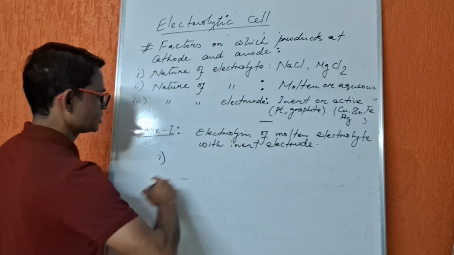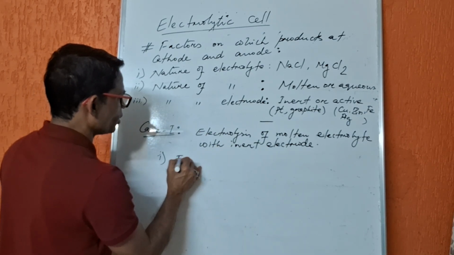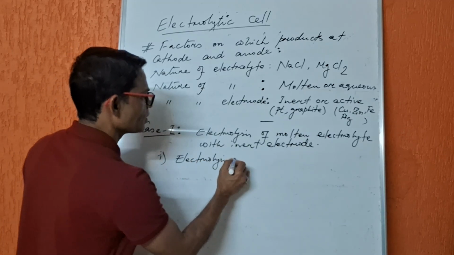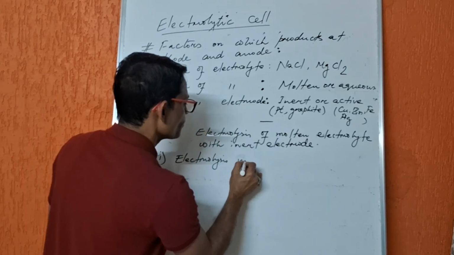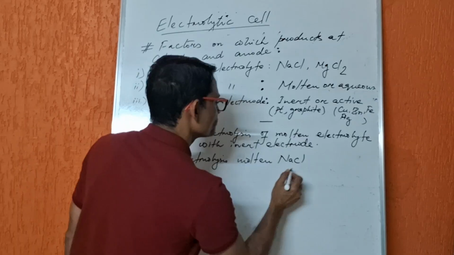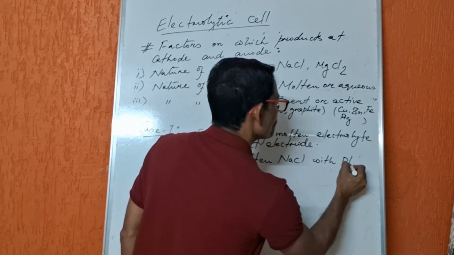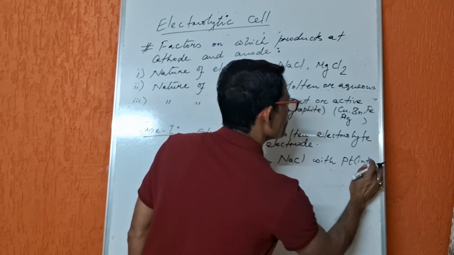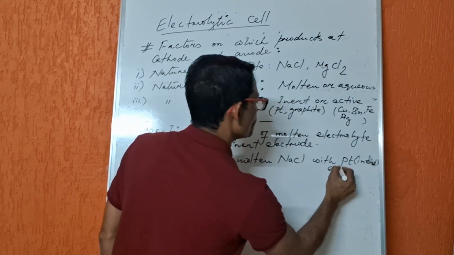Suppose electrolysis of molten sodium chloride with platinum, that is inert electrode.